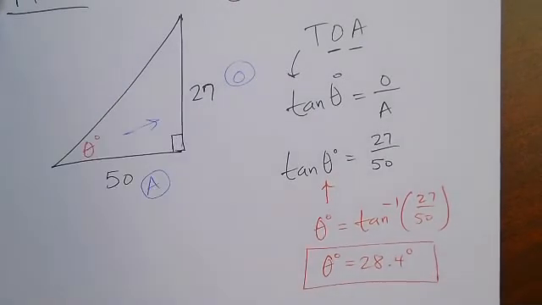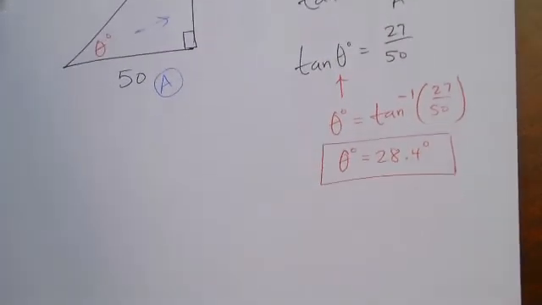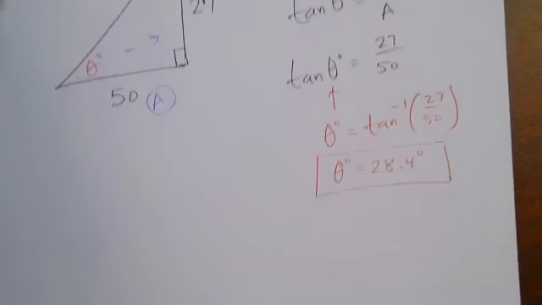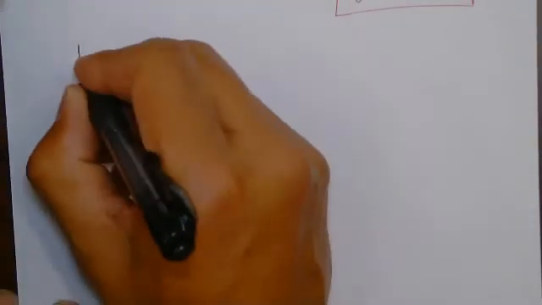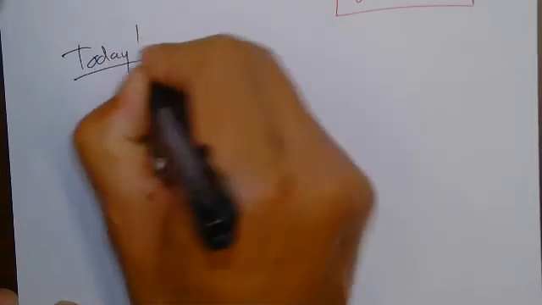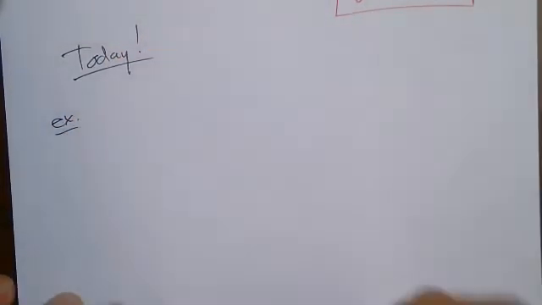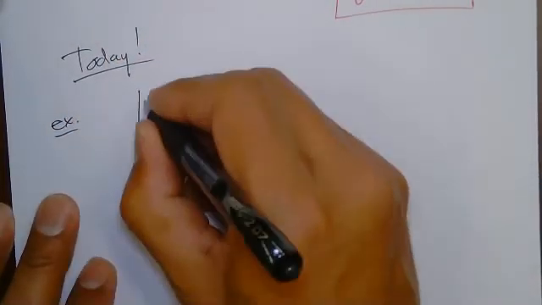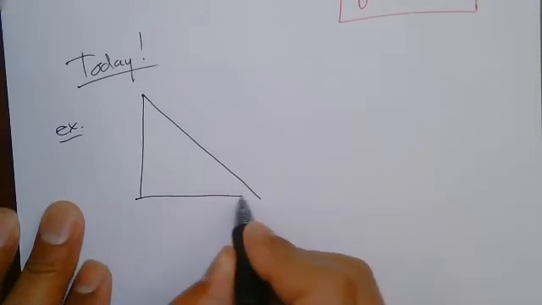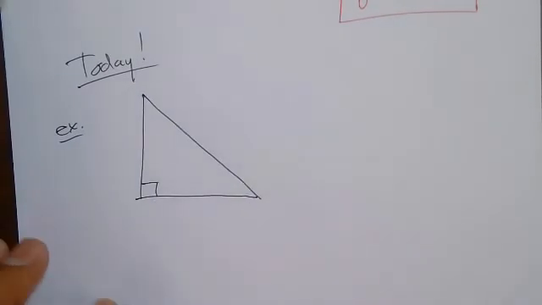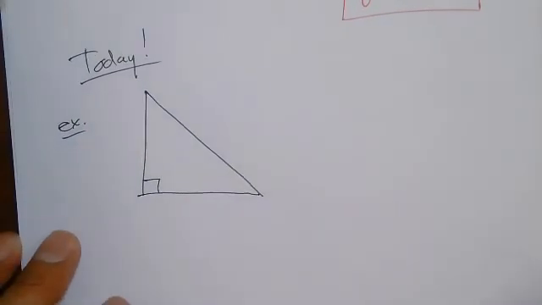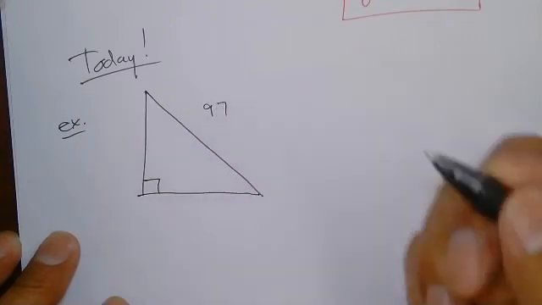Great. Now, what's going to be different about today's assignment? Some of you are going to get confused. This is what you're going to see today. Here's an example. What if they give you a triangle and they give you this?